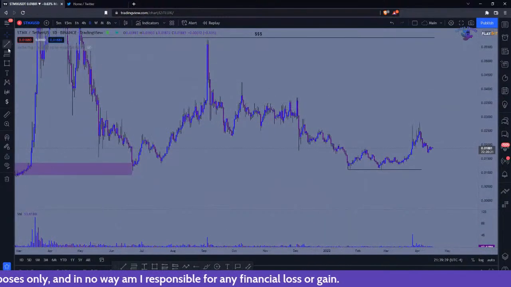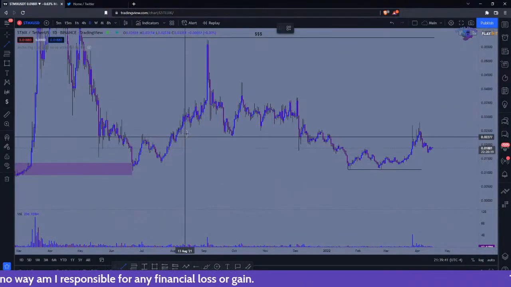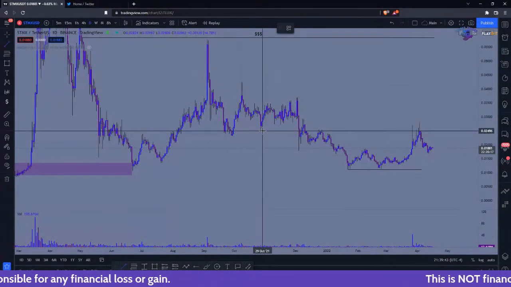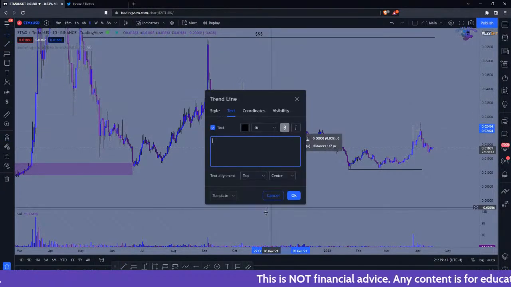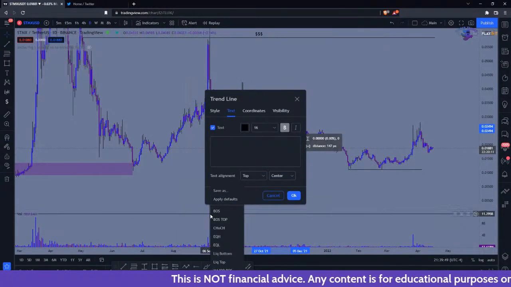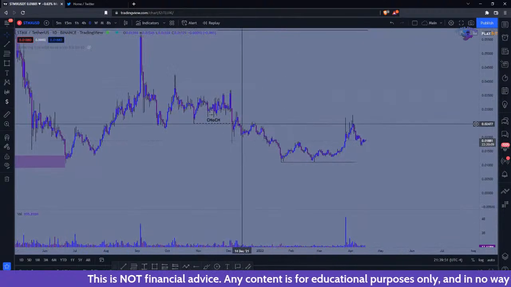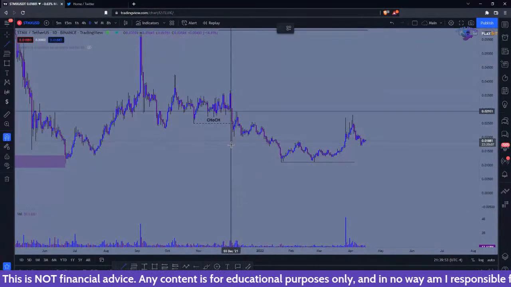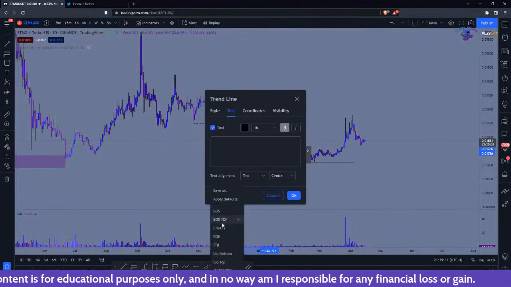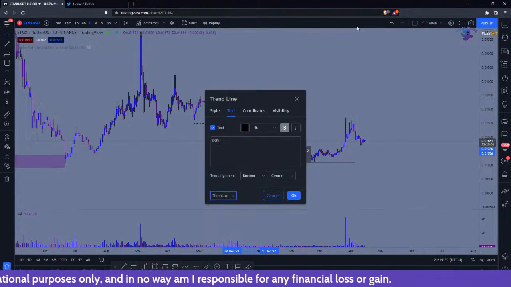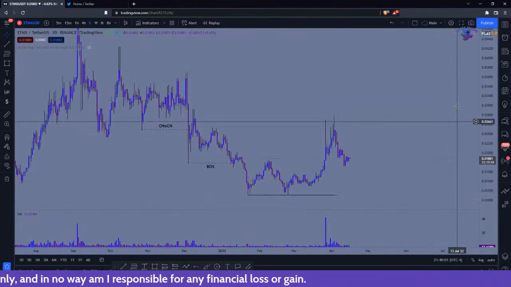So if you look at this, here is your change of character on the daily to a bearish narrative, and then here was your confirmation. So let's look for the order block that's sponsored.